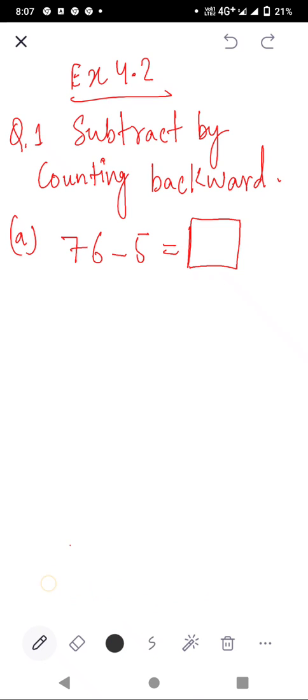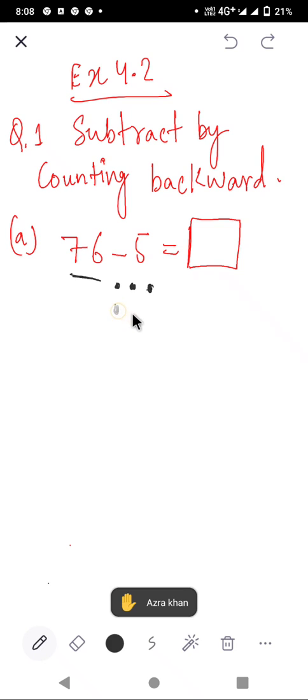Okay, so let's see how we can do this. So the bigger number is 76. We have to count from 76. Okay, how many times we have to count backward? 5 times we have to count backward. You can make dots, 5 dots by counting backward.